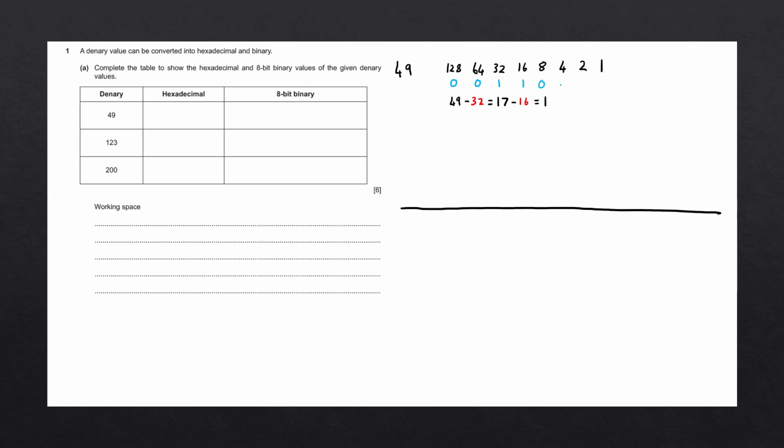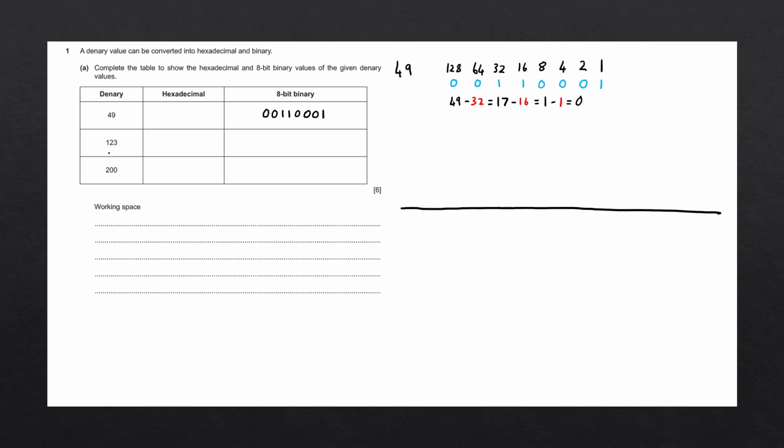No, it doesn't, so we put another 0. 2 does not fit into 1 either. Let's put a 0. And finally, 1 does fit into 1, so we can subtract it if you really want, but you should be able to see that this is now 0. So we're going to put a 1 there. And this is now our binary number. Let's bring it over. And that's that.